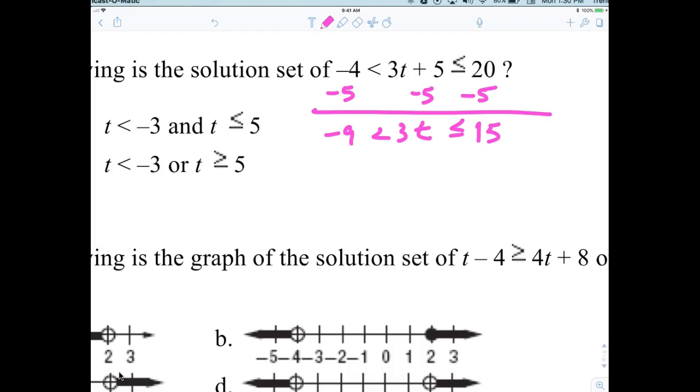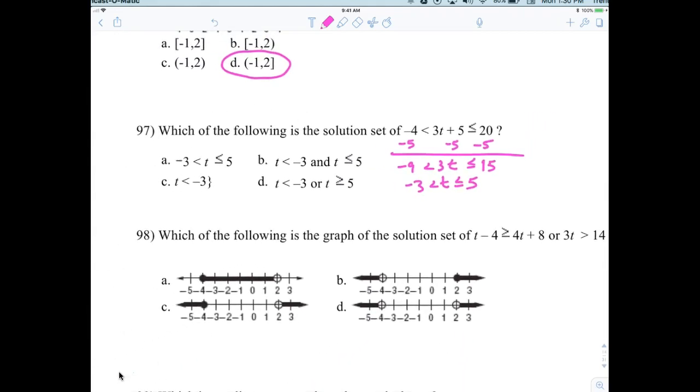All right. Divide by 3. So -3 is less than t is less than or equal to... I'm going to let you guys answer. So that means t is between -3 and 5. All right, t is between -3 and 5. So how about this? A is correct.